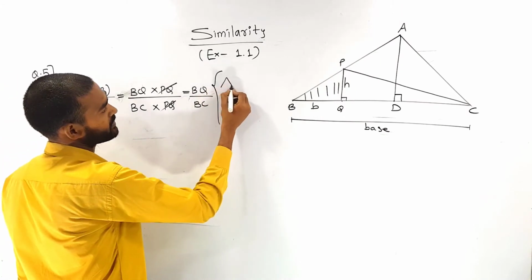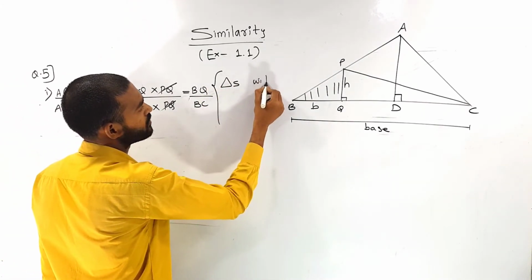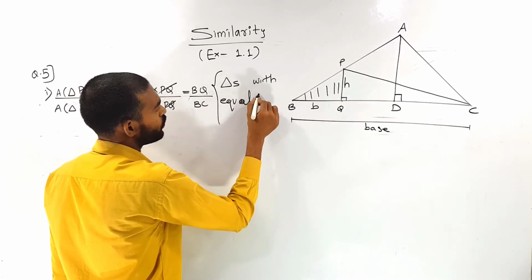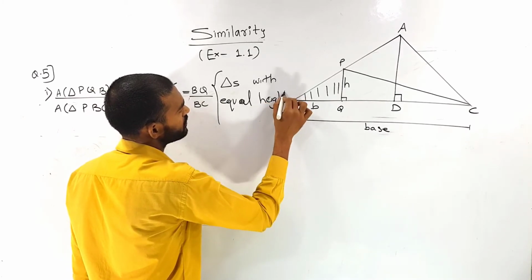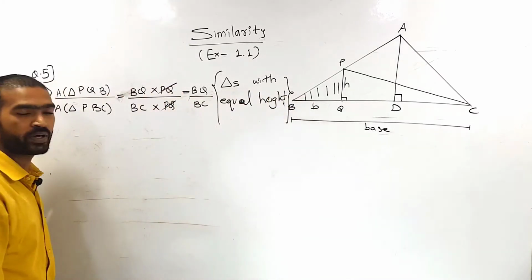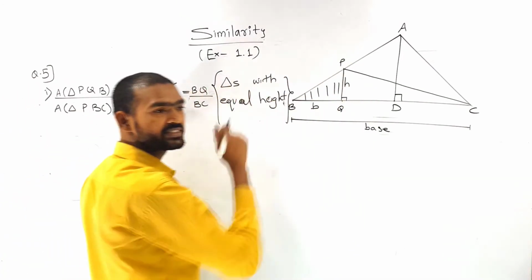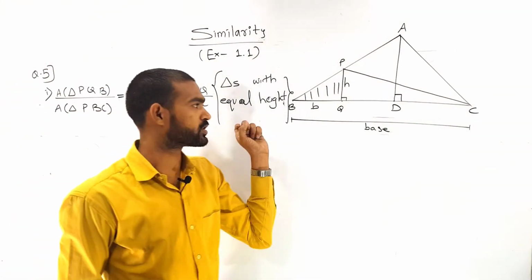So here we'll mention triangles with equal heights. Both the triangles were sharing the same height. This was the solution of the first sub-question.